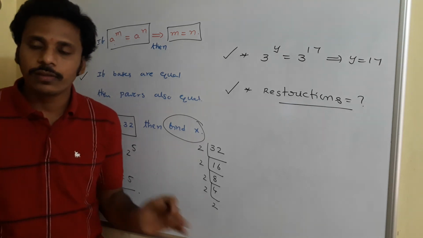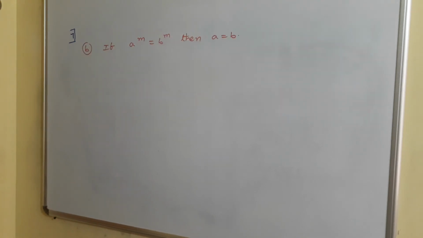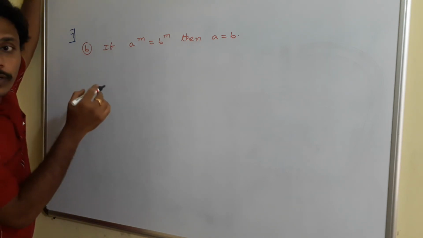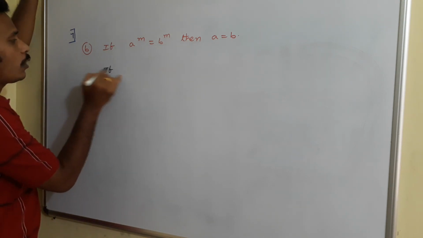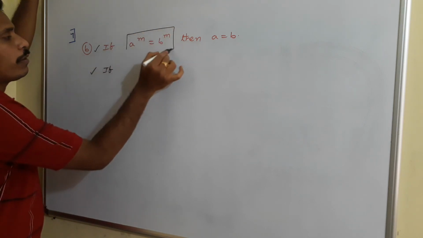You just copy this, have a screenshot. Similar to this we have another law, and I will discuss it now. So in 7a I mentioned, if bases are equal, then powers are also equal. Whereas for this one, if powers are equal, just observe these two: a power m is equal to b power m.